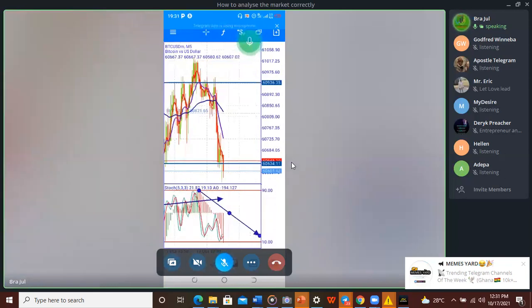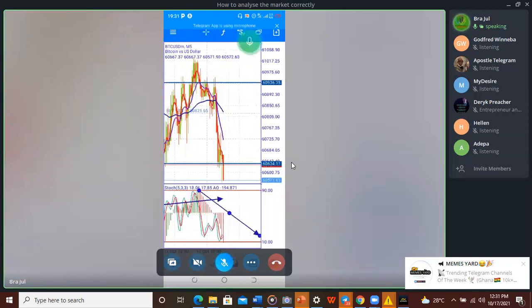So you can't go for a buy right now until you see a strong bullish candle form here, and you are sure that it has respected the trend, so it will fire up in the opposite direction. But right now, the three moving averages are all crossing downwards. They show a strong direction to the downside.